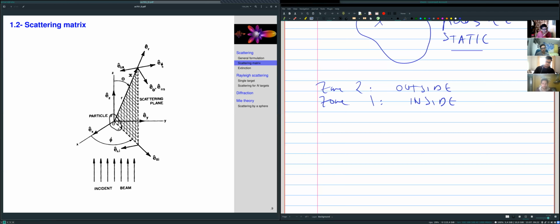So the idea here is simply that we've used as a reference being parallel or perpendicular to what we'll be calling the scattering plane. Scattering plane would be the plane that includes ER and EZ. So the incident beam and the direction of reflection or scattering direction, ER, forms a plane. And this plane will be the scattering plane, okay?